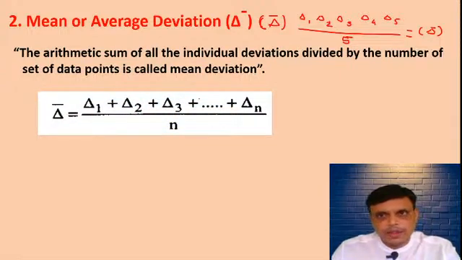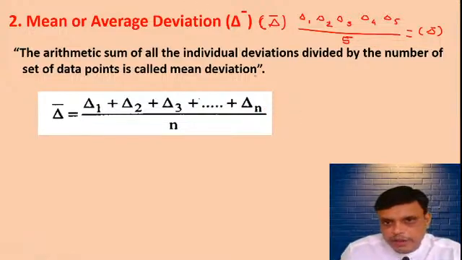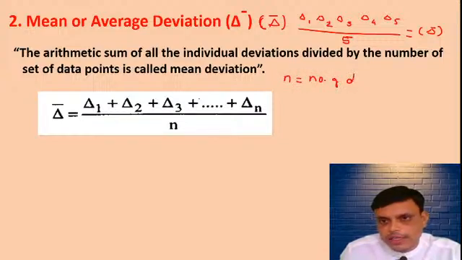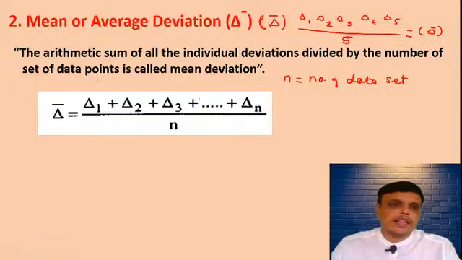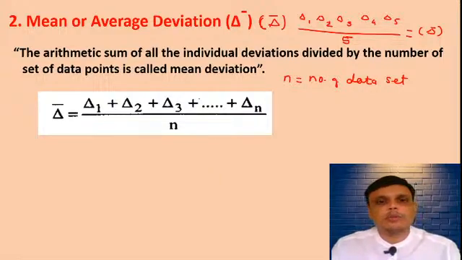This is the formula. Mean deviation is denoted by delta bar, equal to delta 1 plus delta 2 plus delta 3 up to delta n, divided by n. n is the number of data sets or number of data points, and you have to divide by this n. Remember this formula.